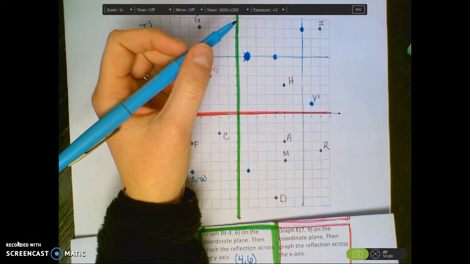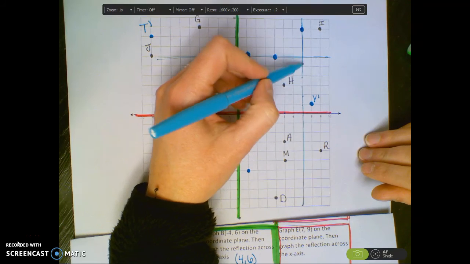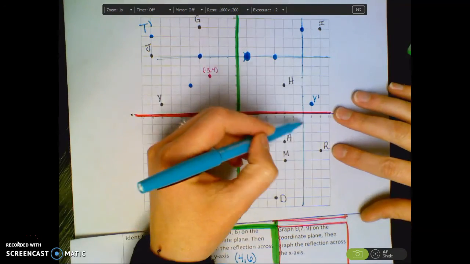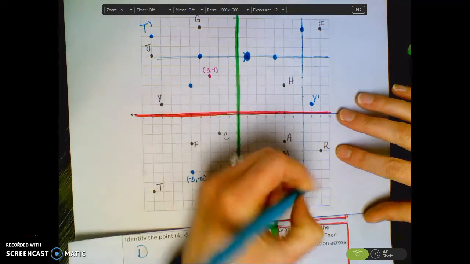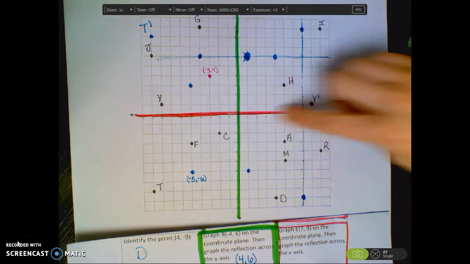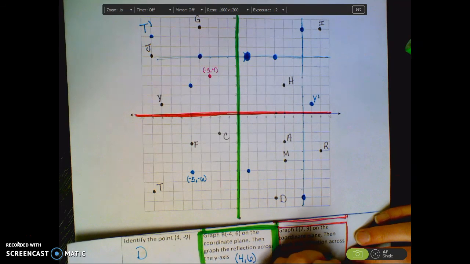How many up am I? So 1, 2, 3, 4, 5, 6, 7, 8, 9. So I need to be 9 down, 9 away from the x. 2, 3, 4, 5, 6, 7, 8, 9. What is this point? I'm going to find out. 7, negative 9. So 7, negative 9.